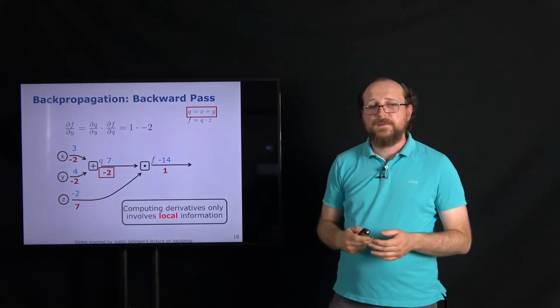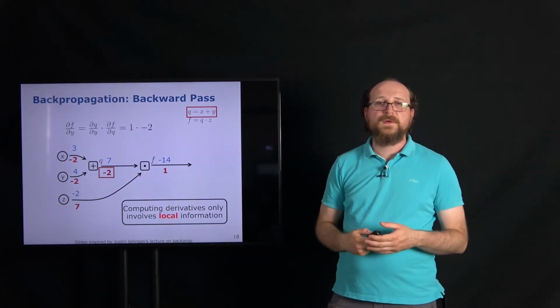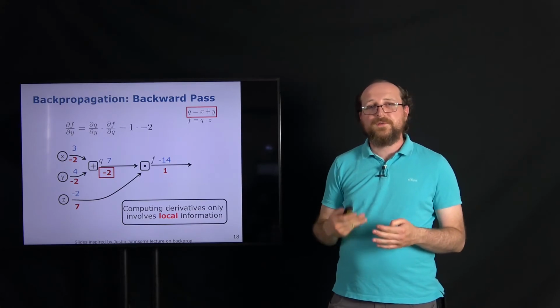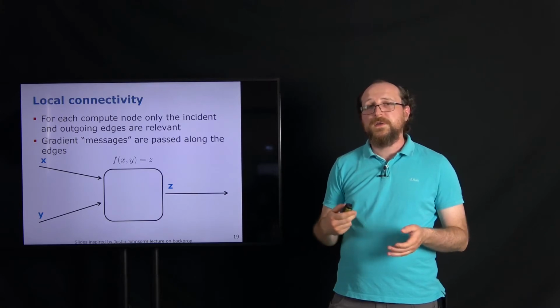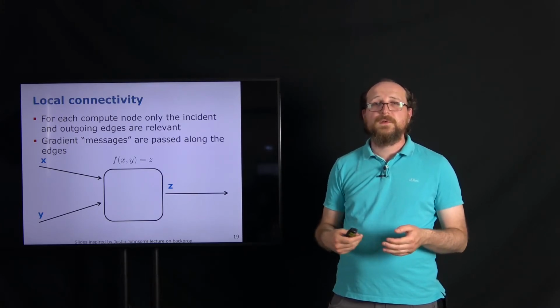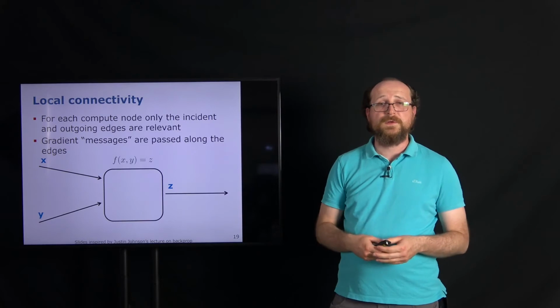This is an interesting fact we can exploit: we just have to account for the local connectivity of the compute nodes. For each compute node, we are only interested in what goes in and what goes out.